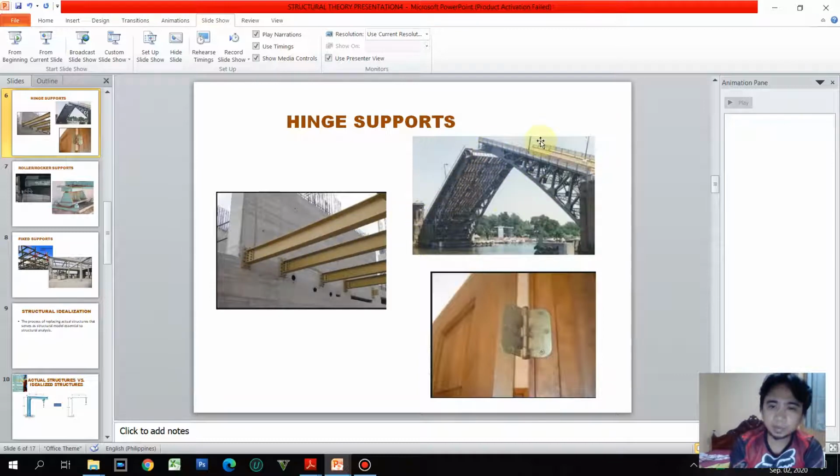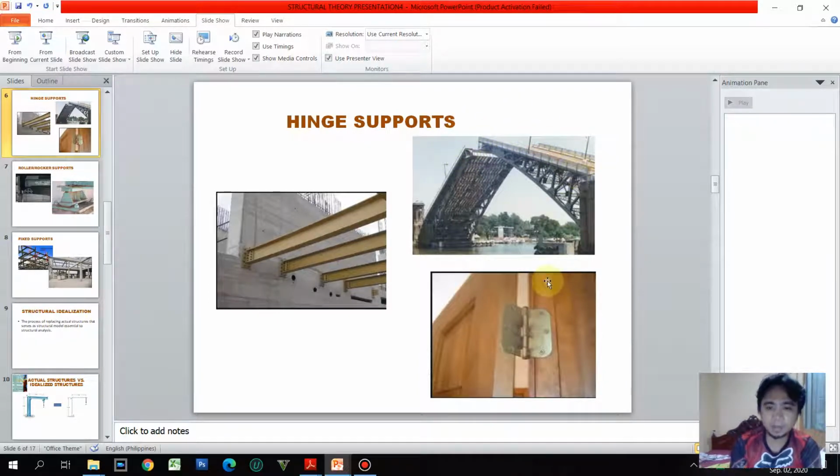Here we have a bridge structure that is free to rotate clockwise or counterclockwise, because this bridge is purposely made to elevate so that boat transportation can pass underneath the bridge. So it will open for the boats, and then it will be closed for the purpose of passing through this bridge.